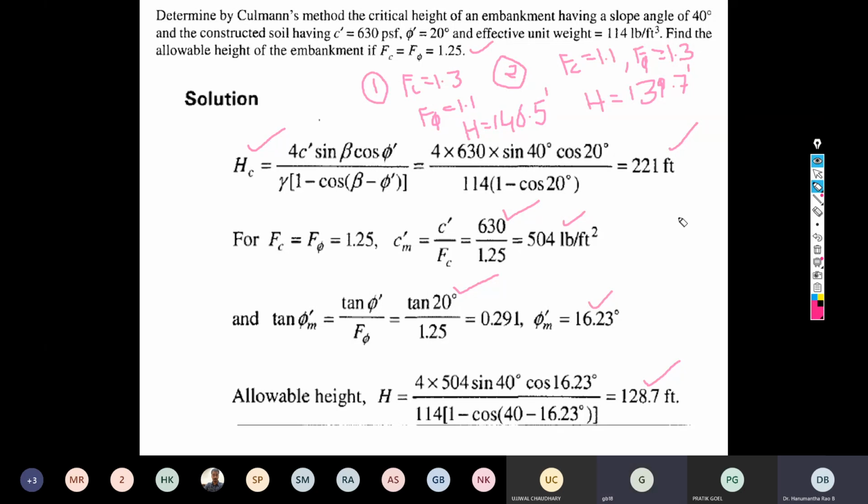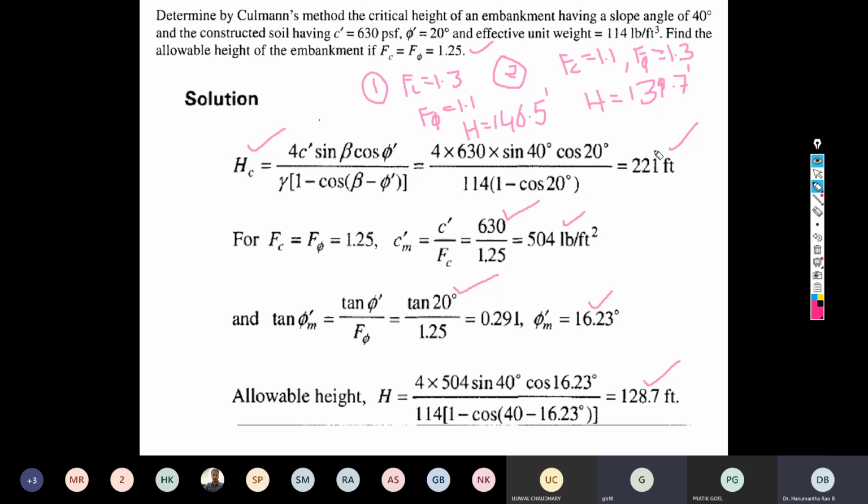Because if we increase the factor of safety on cohesion, the height is increasing more. So we can go for more and more height of the embankment. Suppose if we increase the factor of safety against the friction, the height is decreasing.